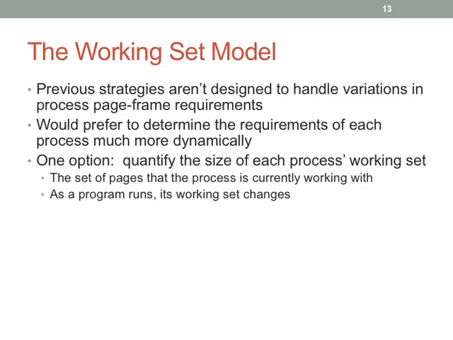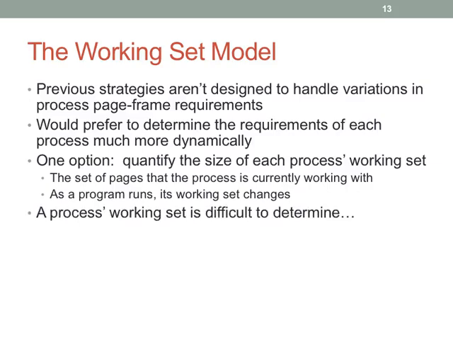Okay. So here's an idea. We're going to try to quantify the working set size. You may notice that this is very similar to the idea behind WS clock. We talked about WS clock when we were talking about eviction policies. And so if we can somehow guesstimate what the process's working set size is, then we can use this to guide frame allocation decisions.